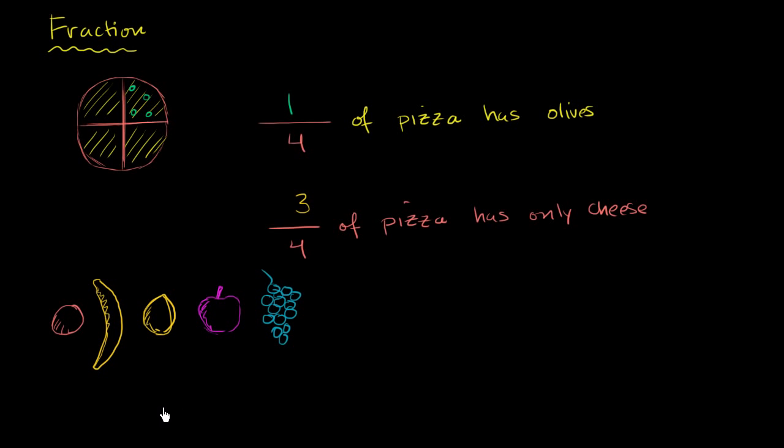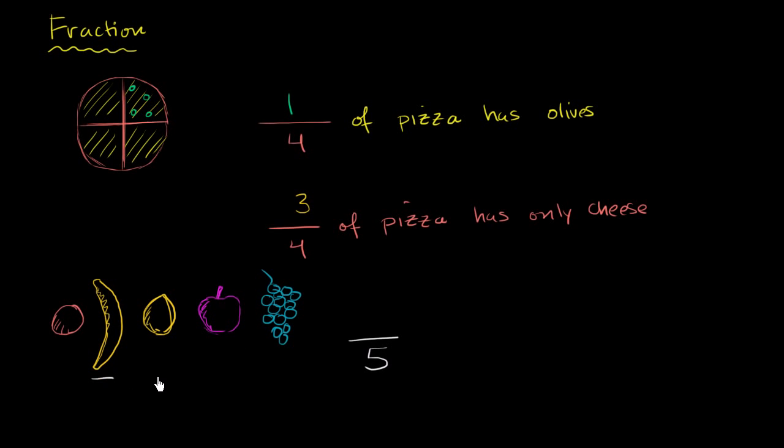And if I were to ask you, at least the way that it is drawn, what fraction of my fruit is yellow? What fraction of my fruit as drawn is yellow? Well, we could say we have a total of 1, 2, 3, 4, 5 pieces of fruit. And then what fraction of those pieces of fruit are yellow?